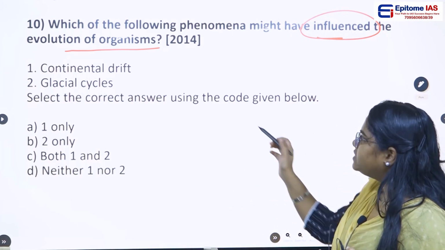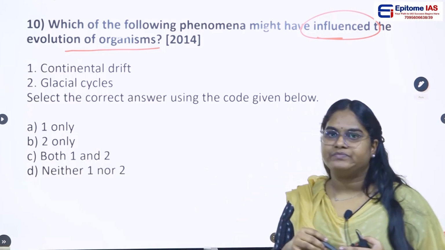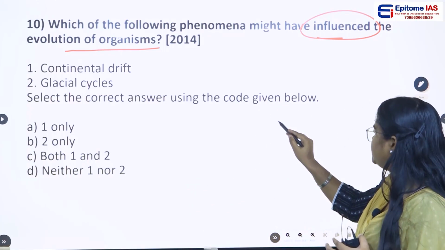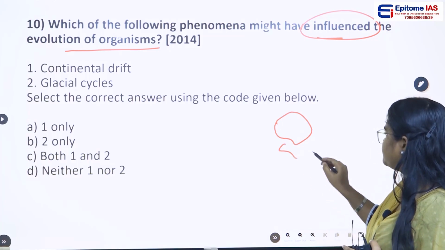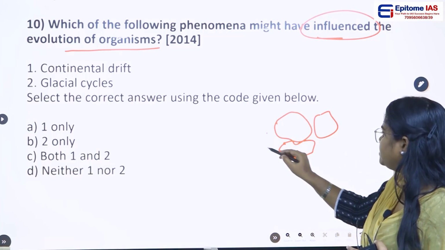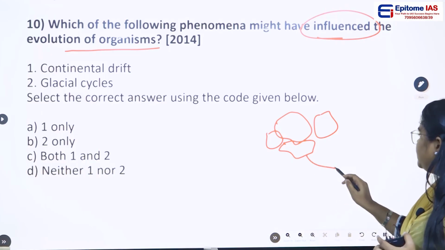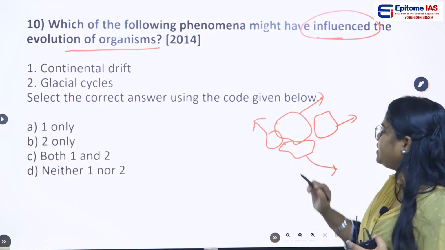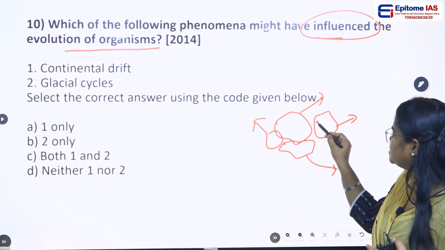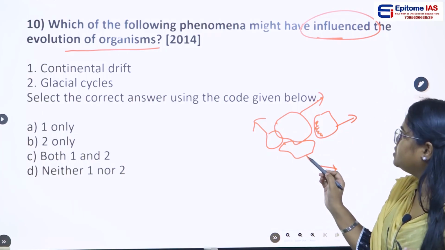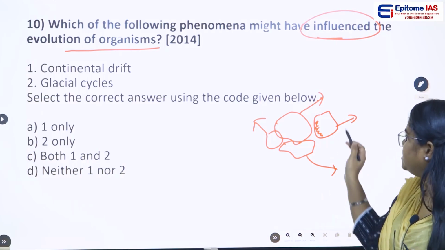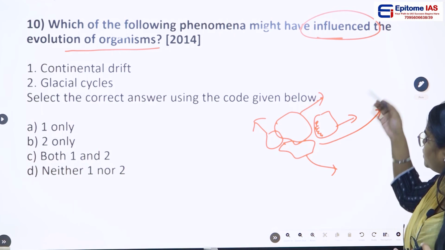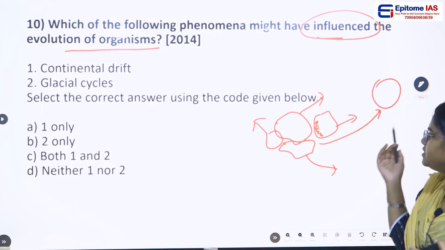So let us say first they have given continental drift. What happens during continental drift? We read this. The continents, initially they were together, then they broke up and moved apart. So let's say there are some species, animal species or other organisms living on a particular plate, and this plate is moving and joining with some other plate.